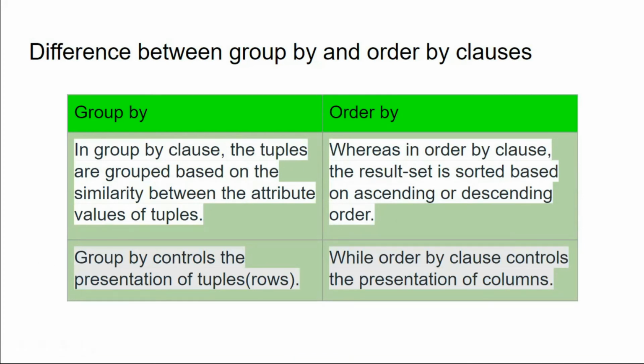For example, if you have 15 members under PGT computer science, all the 15 members will be presented together. So the entire presentation will be changed based on the grouping. Here it will change the presentation of the columns, not the rows. Based on the column we will rearrange it, but we will not change the position.